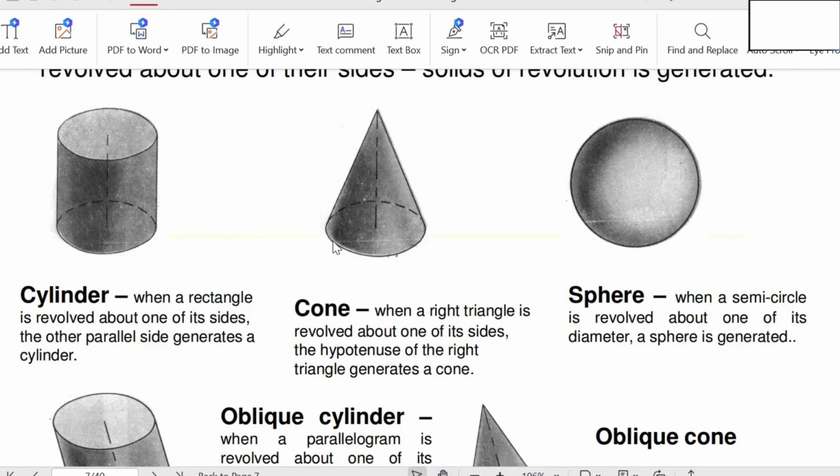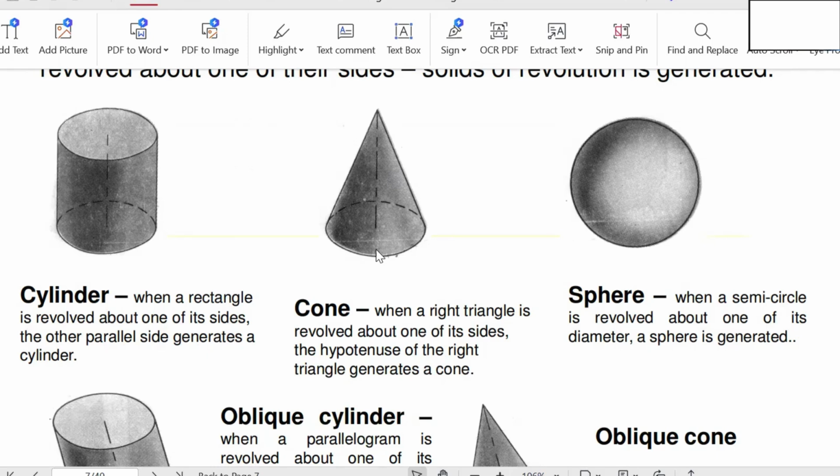Then coming to the cone. What is a cone? All these solids are generated by revolving a plane about one of its edges. To generate a cone, first of all we have to consider a right angle triangle plane.